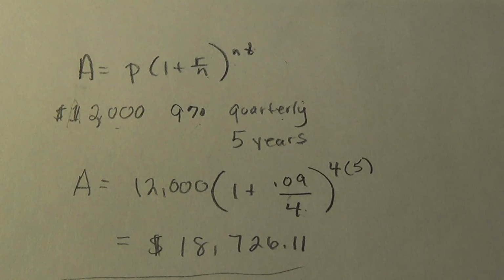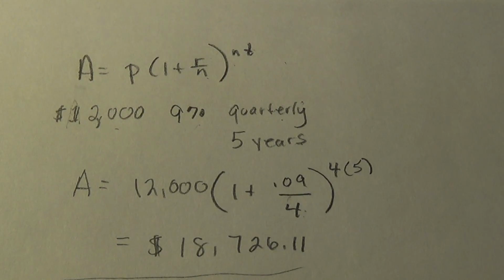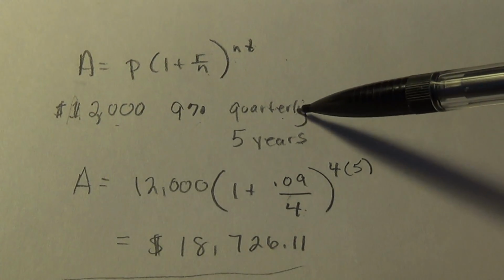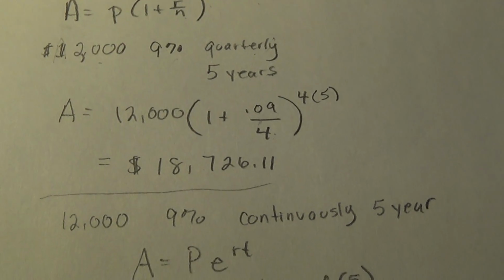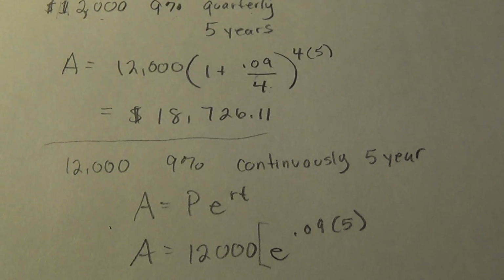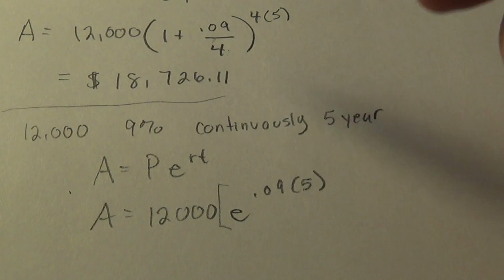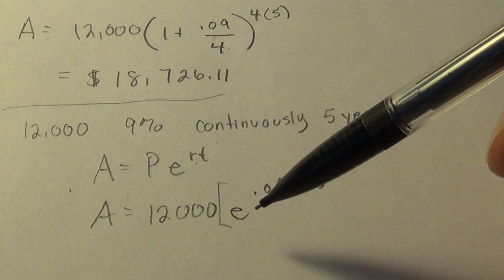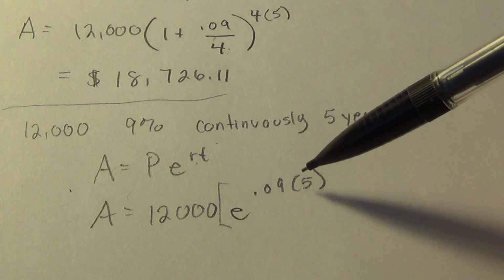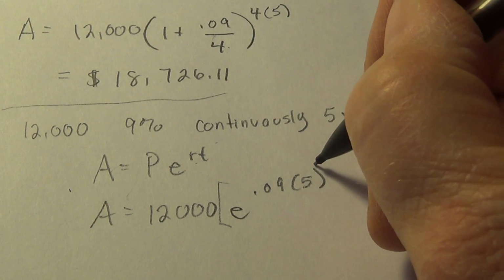Let's see how much more you get if you compound it not 4 times a year, but continuously. So same amounts, same amount of time. Plugging in the amounts, A equals P e to the rt, we get principal times e raised to the 0.09 times 5.